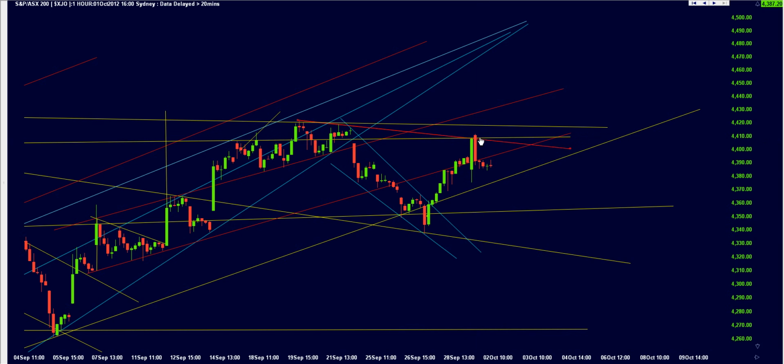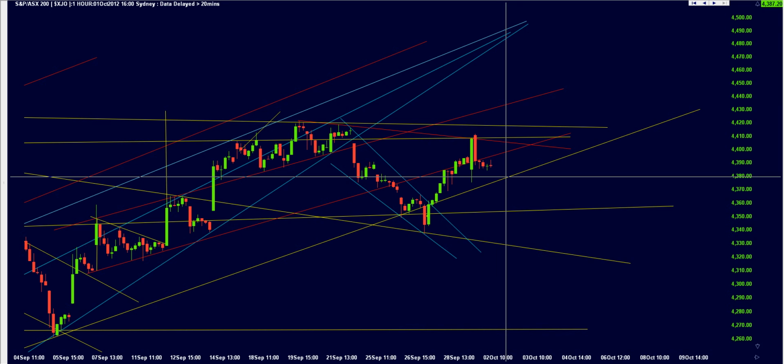So we came within a point and a half of our resistance area, but that was able to push the markets back down. So guys, for now, we're sort of bound between this 4,411 area, or 4,410, and this bottom ascending channel line.